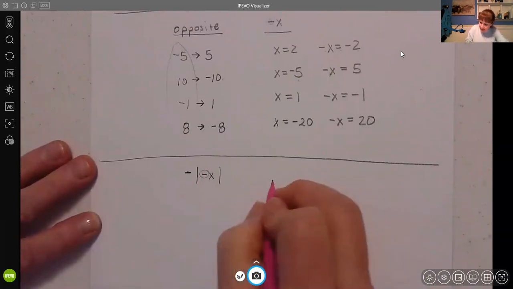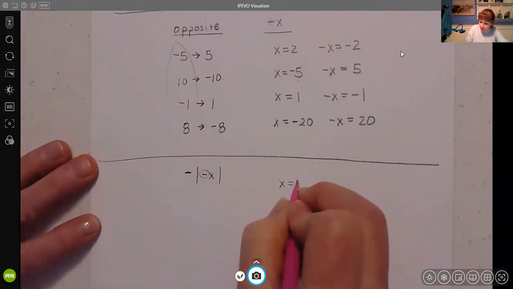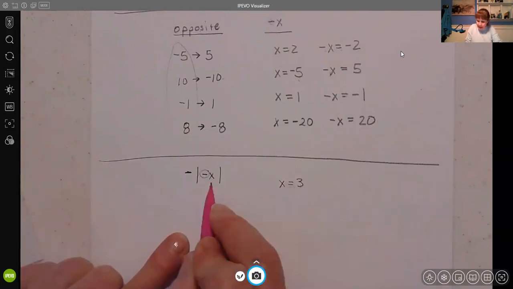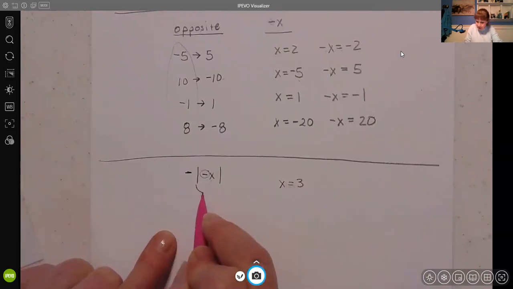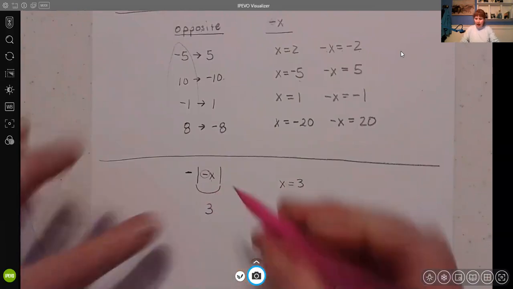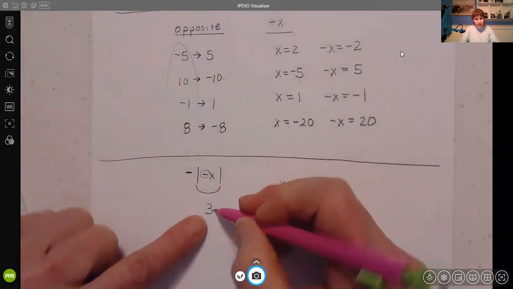Because if they give you an x, let's say x is 3, and I put 3 in, this right here will be a positive 3 no matter what. Absolute values are always positive.